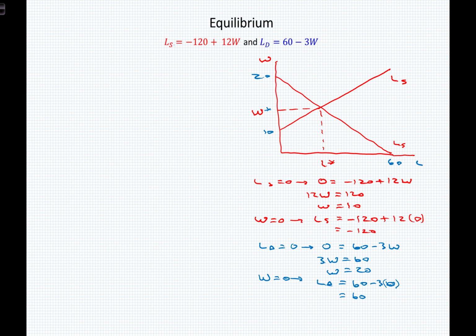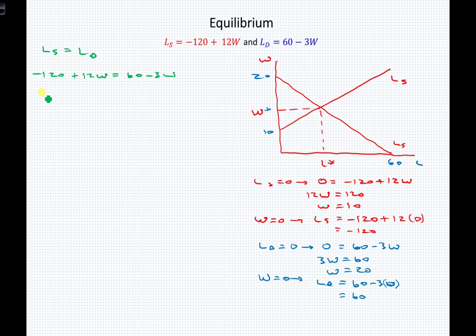And we know algebraically when we have a system of two equations and two unknowns that we can solve for both of those unknowns. So let's think about this in terms of setting the labor supply and labor demand equations equal to each other and solving for W star and L star in turn. So really we're saying if LS is equal to LD, which it is at the market clearing or equilibrium point, then we have negative 120 plus 12W being equal to 60 minus 3W.